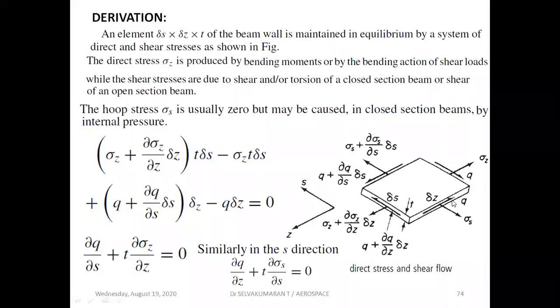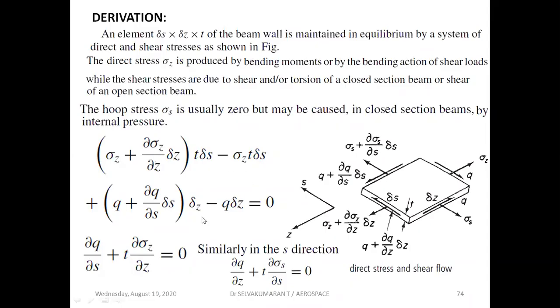And this q is in the negative z direction, so minus q into delta z is equal to 0. In this, plus q into delta z and minus q into delta z cancel each other. Sigma z t into delta s and minus sigma z t into delta s also cancel each other.